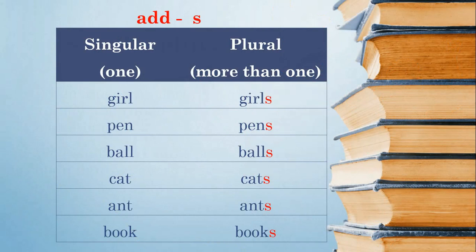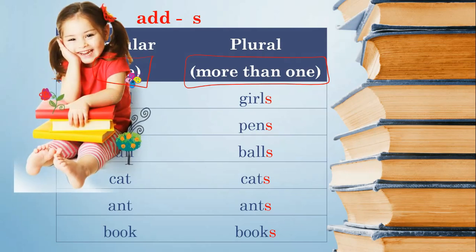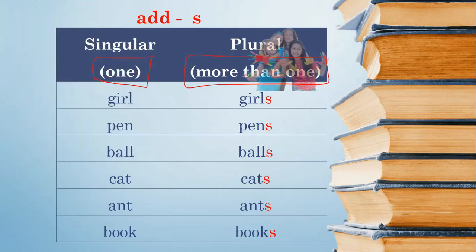So, up till now, what have we learned? Singular means one and plural means more than one. You're only going to add s to make it plural. Let's look at the words. Girl, girls. Pen, pens.